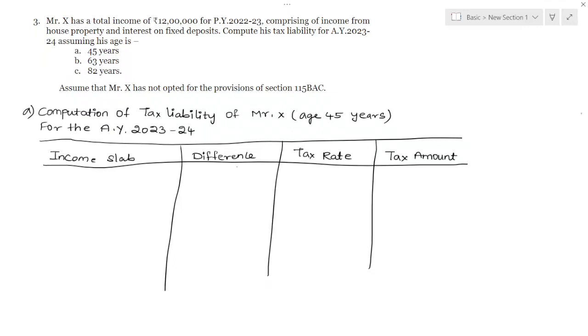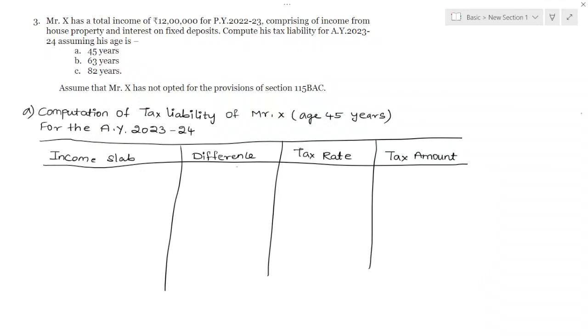No. Whenever in the question they don't tell you are a resident or non-resident, assume that you are a resident. If they don't give your age, assume that it is less than 60 years. Anyhow they have given it here, but in case you get such questions you should be ready to answer, right? So if they don't tell you are resident or non-resident, what you are? You are a resident. It is assumed in solving all the problems. If they don't give your age, it is assumed that less than 60 years.